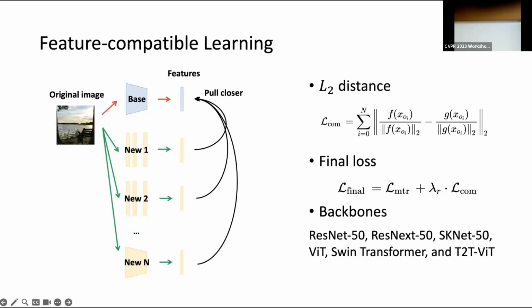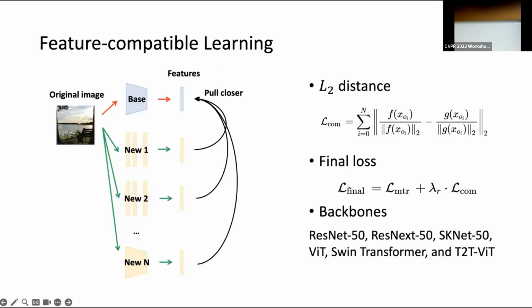We use the Euclidean distance to regularize the distance between the original feature from the base network and from the new network. You can see that L compatible equals the sum of the distances between two features. And the final loss equals the metric learning loss, that is the cosface loss, plus the compatible learning loss. That is the training loss in that stage.